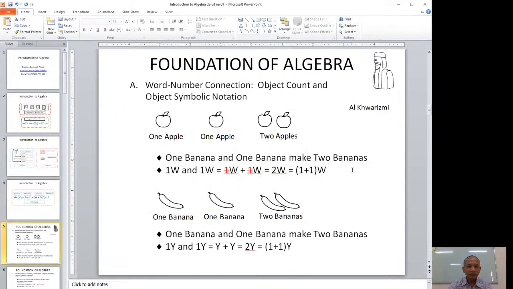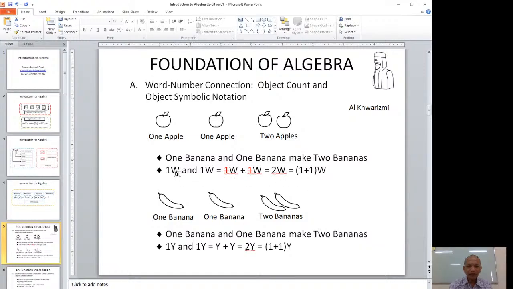Okay. And here, in the last session, we talked about the representation of words, of things, of numbers, even by letters, by names, and then we use numbers to count them.